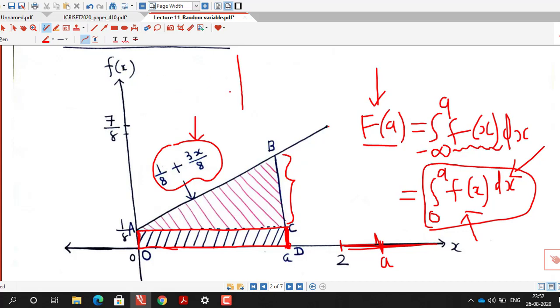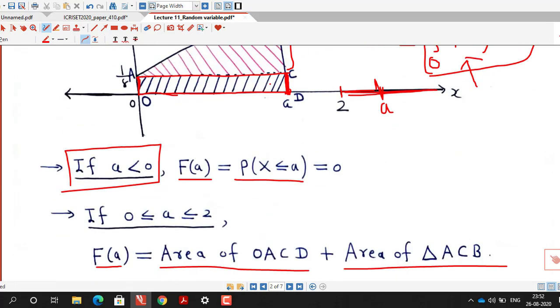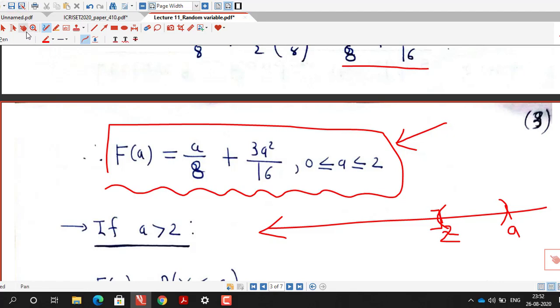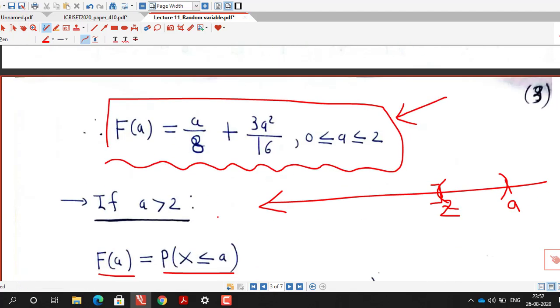Now suppose our function is non-linear like this, then we cannot use this method, because we don't know a direct formula for this type of areas. So be careful to use this method. You have to take care whether the probability density function is a linear function or not.